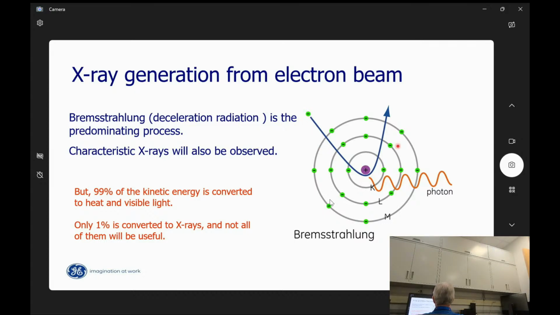And since I've got to conserve energy, I'm going to emit a photon of the difference. And if it's basically being stopped by the nucleus, then I'm going to emit the highest energy X-ray. 99% of the kinetic energy is converted to heat and visible light, and of that 1% converted to X-rays, not all are going to be particularly useful.